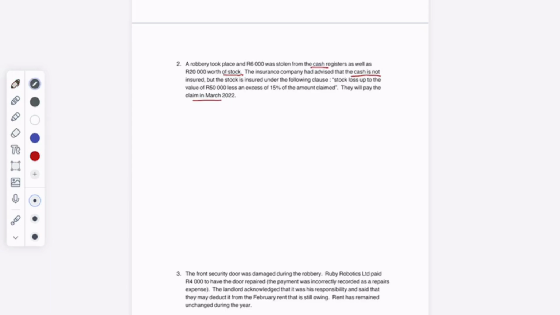Let's do our ledger accounts quickly. So in this case, we've got 4 ledger accounts.